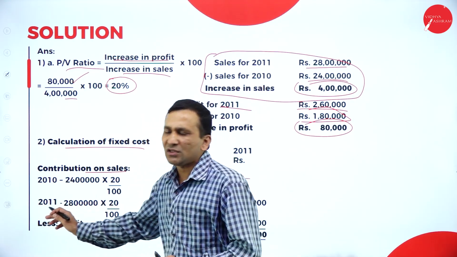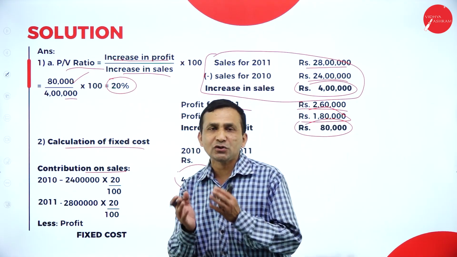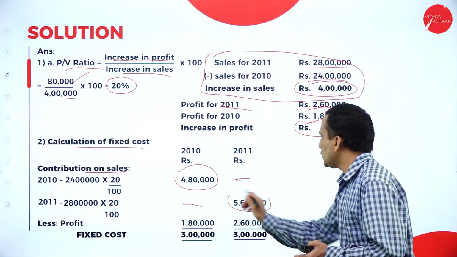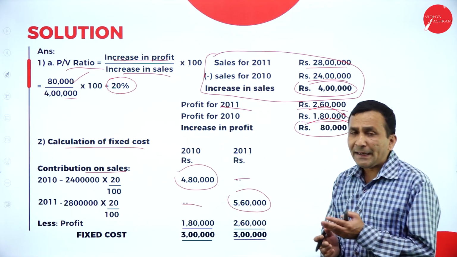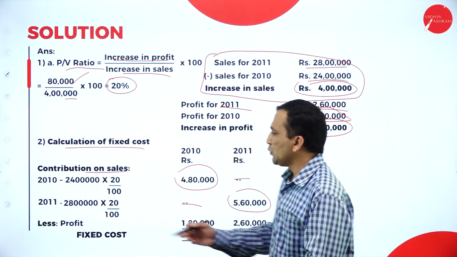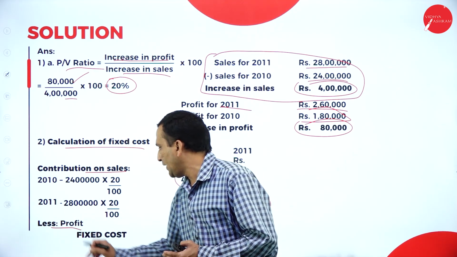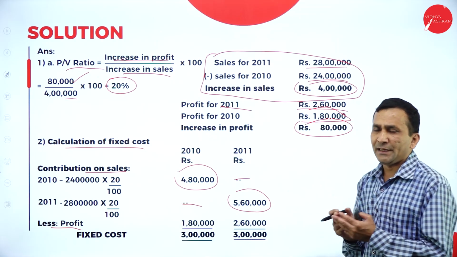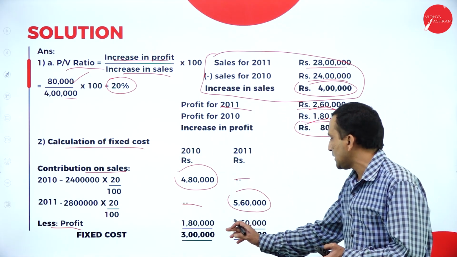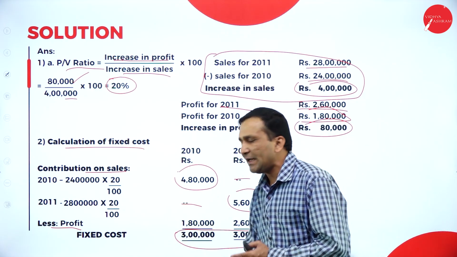Now moving to 2011, the sales value 28 lakhs is given. Even for the PV ratio, everywhere we need to apply the PV ratio. So 20% means in the 2011 column we write 5,60,000. Now from this we need to subtract the respective profit applicable for the year, and the profit is given for both years: 2010 profit 1,80,000 and 2011 profit 2,60,000. If you subtract, we get the same fixed cost.